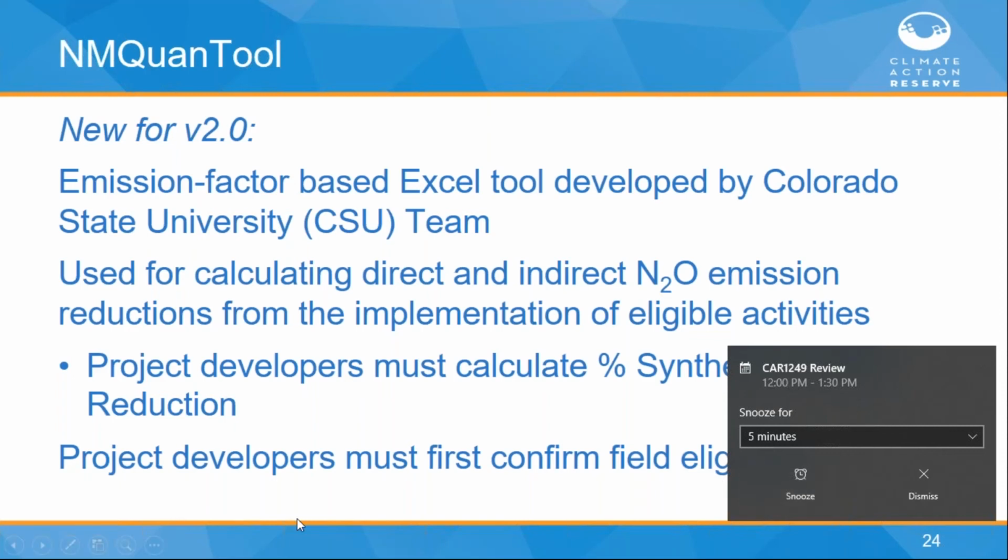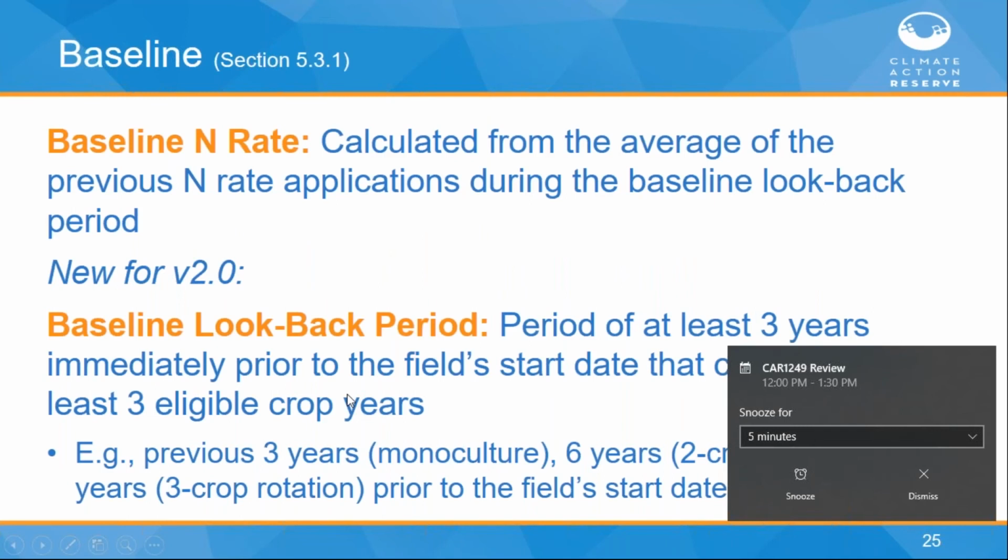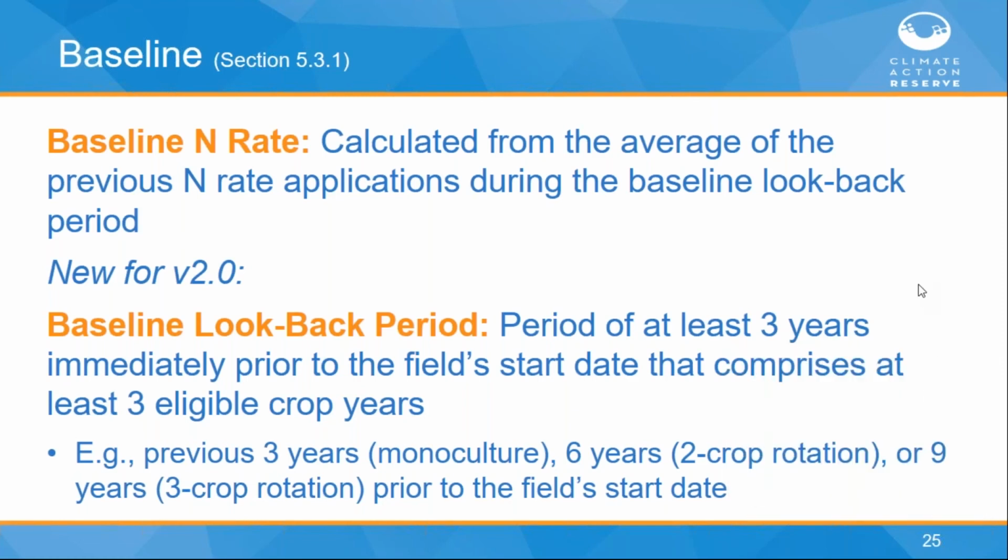And so jumping ahead, what's important to know here is calculating the percentage reduction from the baseline N rate. The baseline N rate is the average from the previous N rate applications during the field's baseline look back period. The baseline look back period is the period of at least 3 years immediately prior to the field's start date, and that consists of at least 3 eligible crop years.